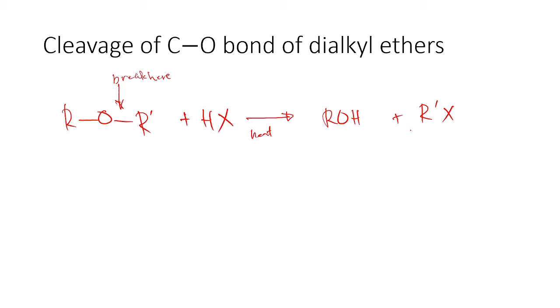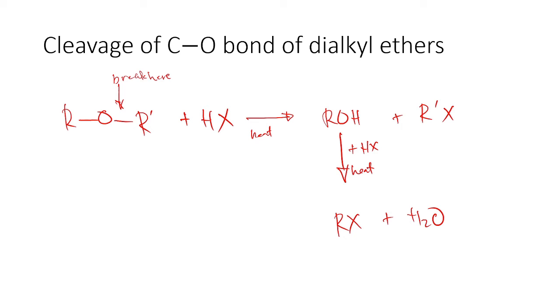And kapag merong excess na acid, what may pwedeng mangyari is this ROH natin will still undergo reaction. If we have excess acid, tapos syempre andyan pa rin yung heat, what will happen is we will have here RX plus H2O. Okay? So that is the full reaction mechanism of the cleavage of the CO or carbon-oxygen bond of dialkyl ethers.